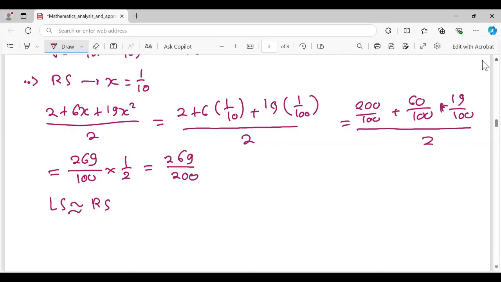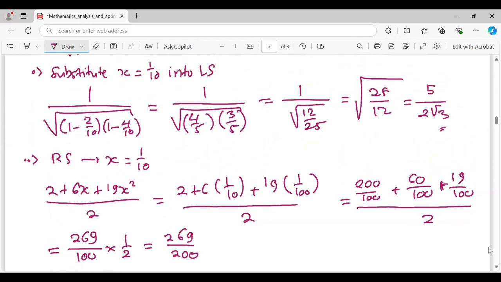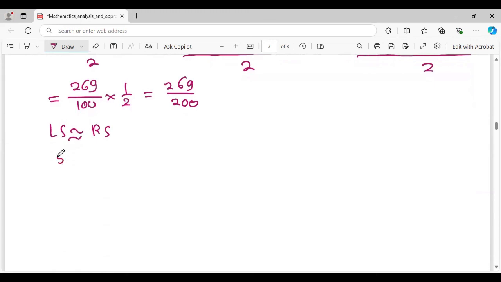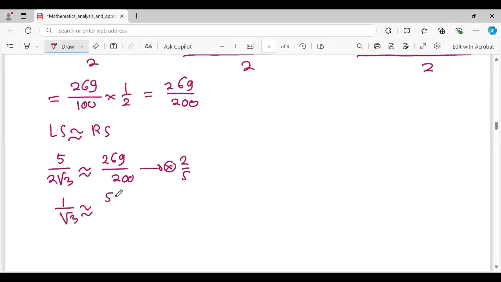So left side is the same as right side. Left side, this one, 5 over 2 square root 3, is the same as 269 over 200. I would like to multiply by 2 over 5. If you multiply, it's going to be 1 over square root 3 is the same as 538 over 1,000.